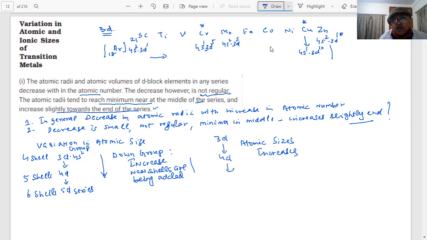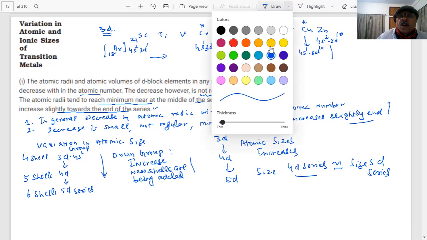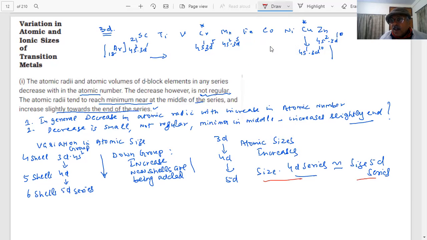But when we go from 4D to 5D, students, the size of the 4D series is almost equal to the size of the 5D series. Now here is an important point, with a question in the paper. The size of the 4D series is almost equal to the 5D series.